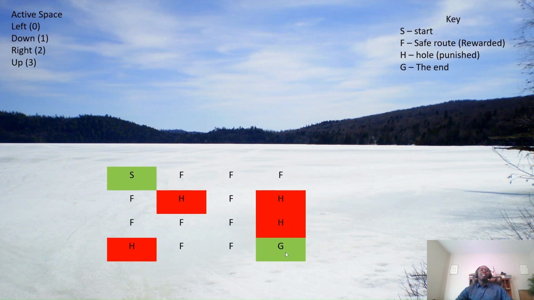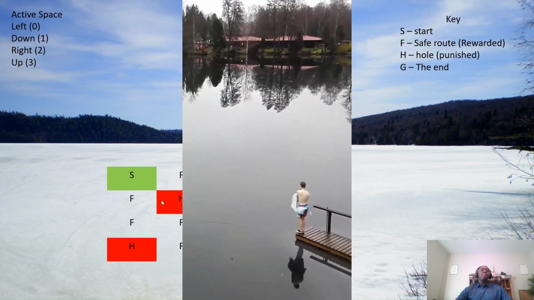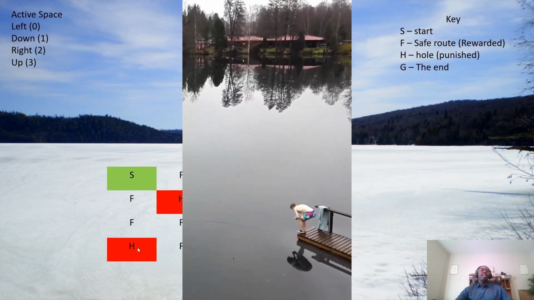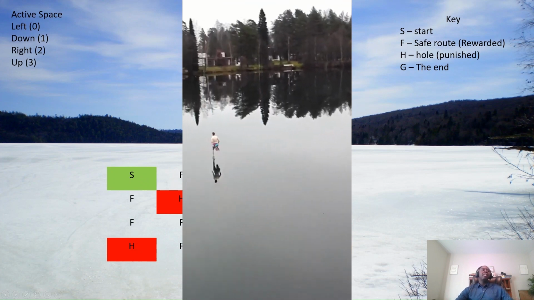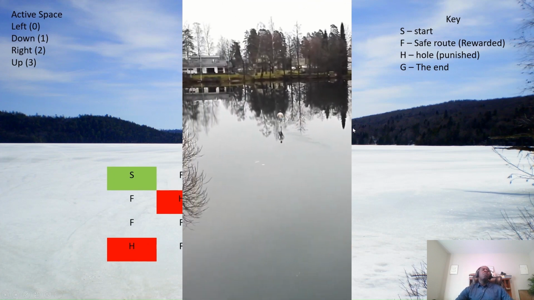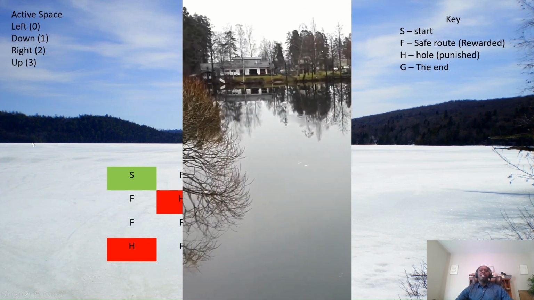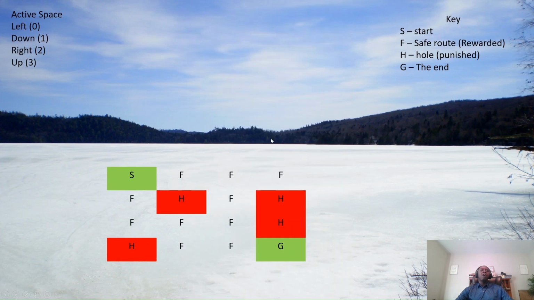We don't want it to traverse to this H, which is the wall highlighted in red. Just like a human being traversing a frozen lake, we want a person to come from this end of the lake to the other end of the lake without falling into the water. Same thing in our case, we want our agent to traverse this grid from start to finish without going into these holes.